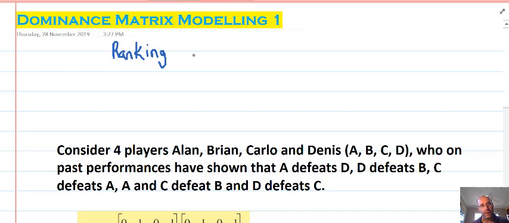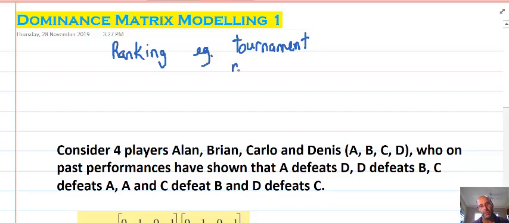So, for example, a tournament, whether it's a sport or some sort of gaming tournament. Tournament is a common application, a common context. In this tournament or competition, not all players meet.